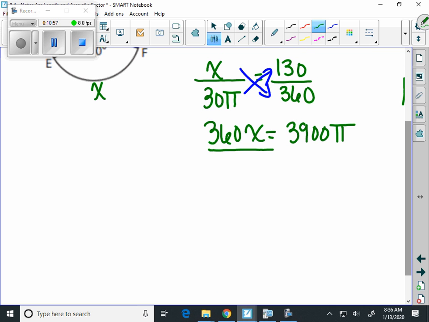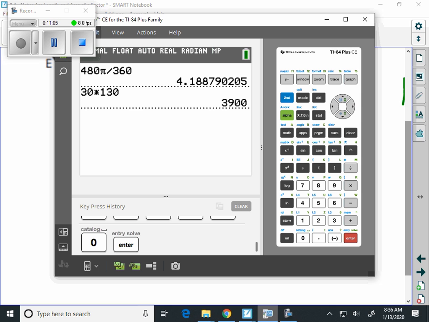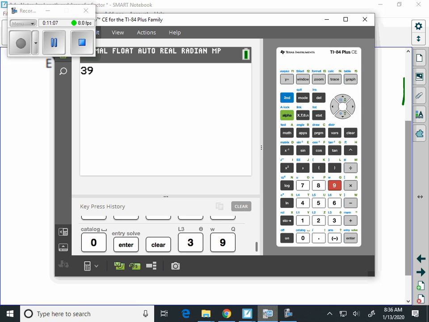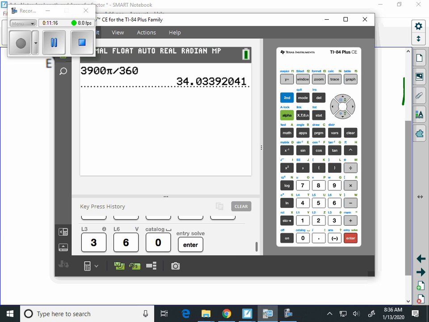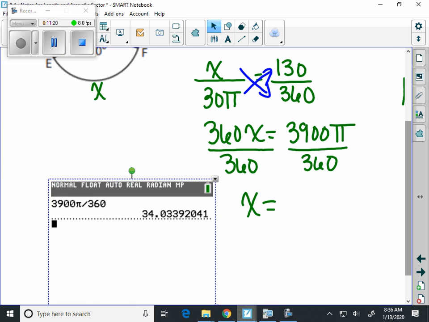So we'll divide both sides by 360. And then it's a matter of typing it in. 3,900 pi divided by 360 gives us that value here, and then we can round to the nearest hundredth.